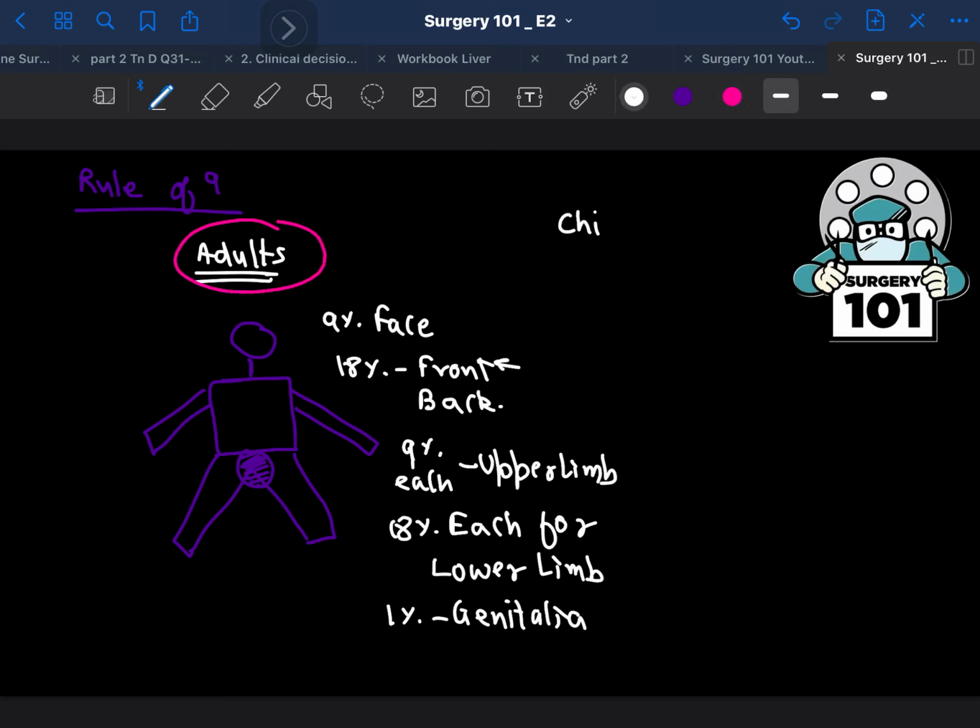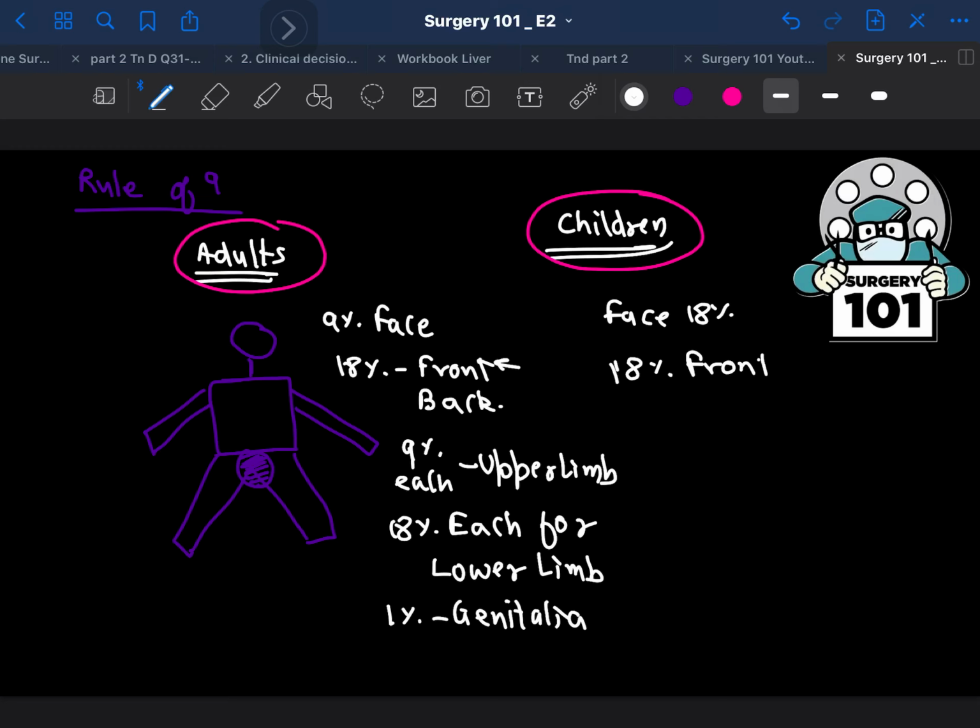If I talk about the children, there is a modification. Here, the face is getting 18%. Now the front and back is the same, 18% each, that is your front and back torso. Then you have 9% each for the upper limb.